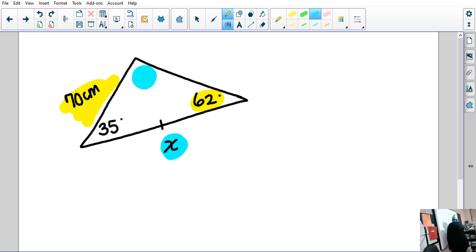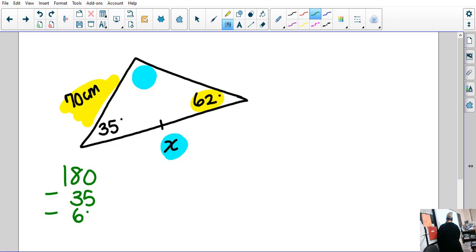So it's a quick calculation. 180, take away the 35, take away the 62. What does that leave you left over? 83? Yeah. Okay. So sometimes you'll have to do that as a little step first to make sure you got a pair and a pair. It always has to be in pairs.